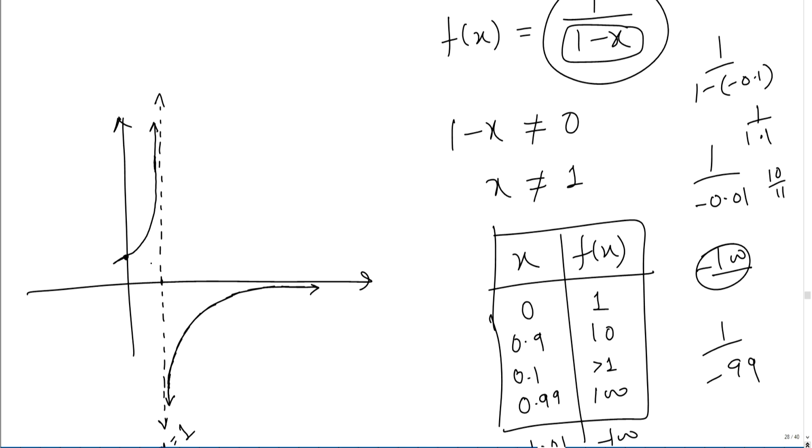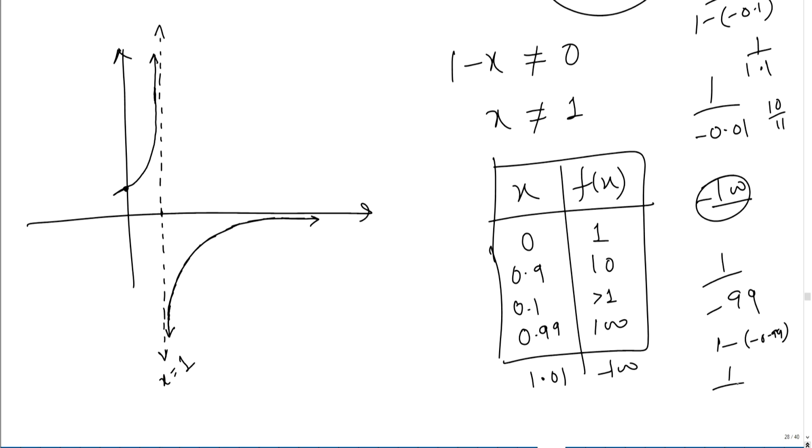Then this would become 1 divided by 1.99, so 100 by 199, so around 0.5. So y is around 0.5 here. Somewhere like this.